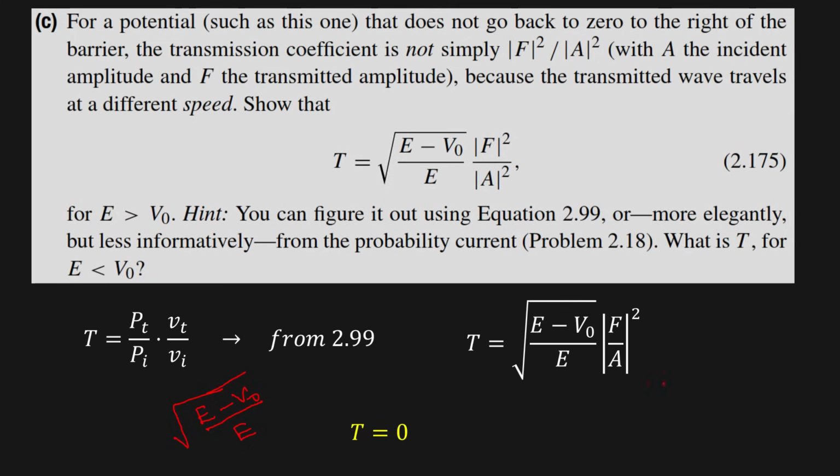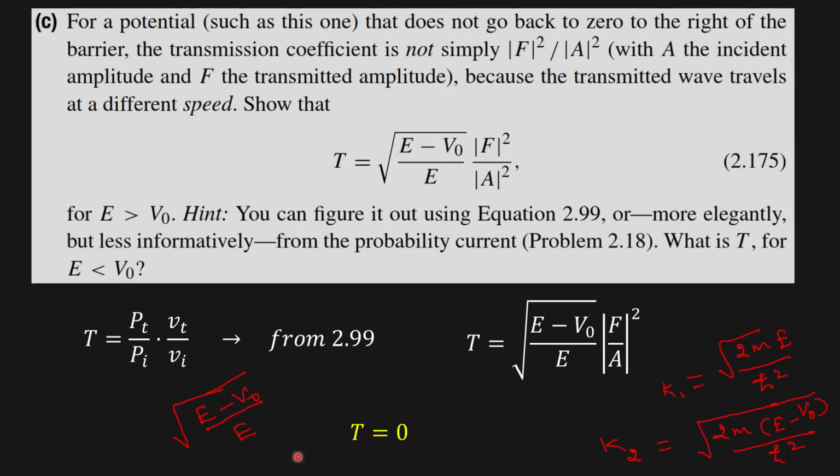We have mentioned K1 is equal to square root of 2mE over h cross squared. And K2, we have seen in section P, K2 is equal to square root of 2m(E minus V naught) over h cross squared.